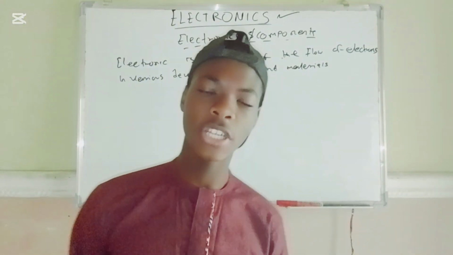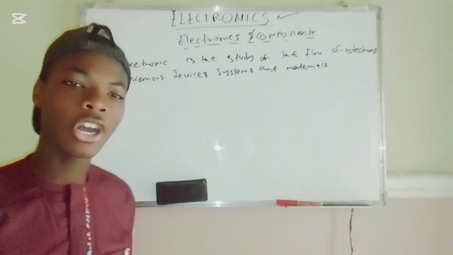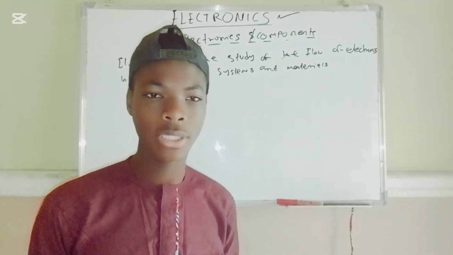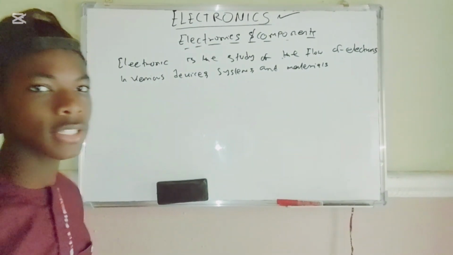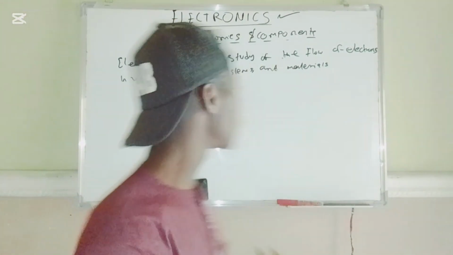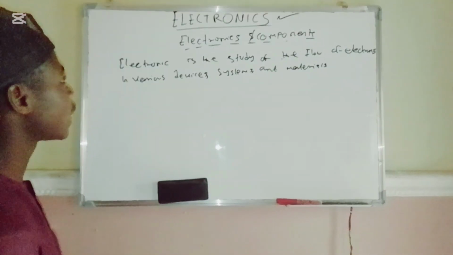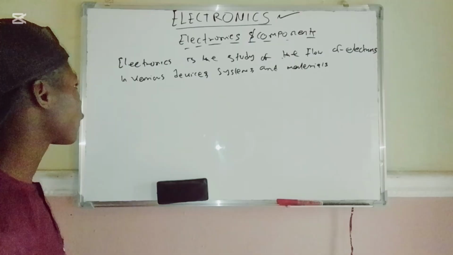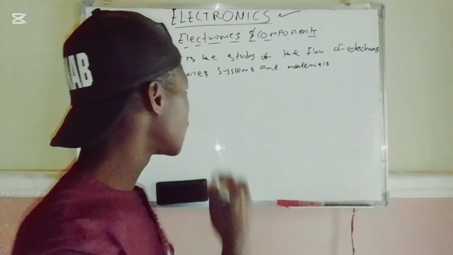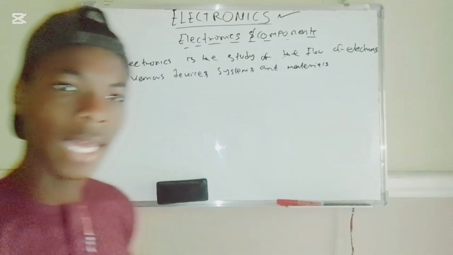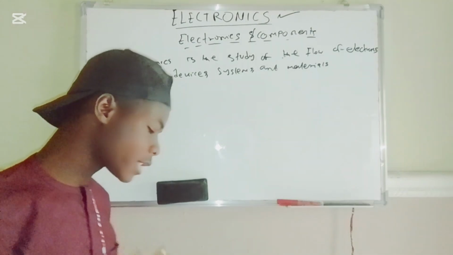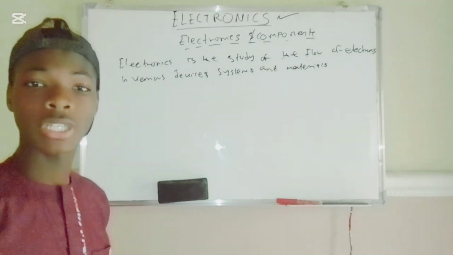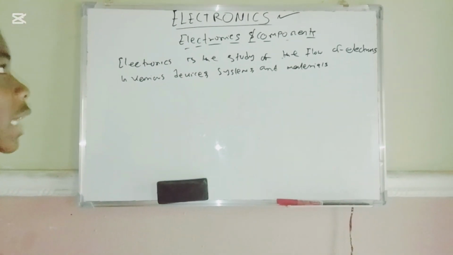And also there is a definition that says that electronics is a branch dealing with electron flow and control in devices. So therefore we have two definitions. The first is that electronics is the study of the flow of electrons in various devices, systems and materials. And the second is that electronics is a branch dealing with electron flow or control in devices.